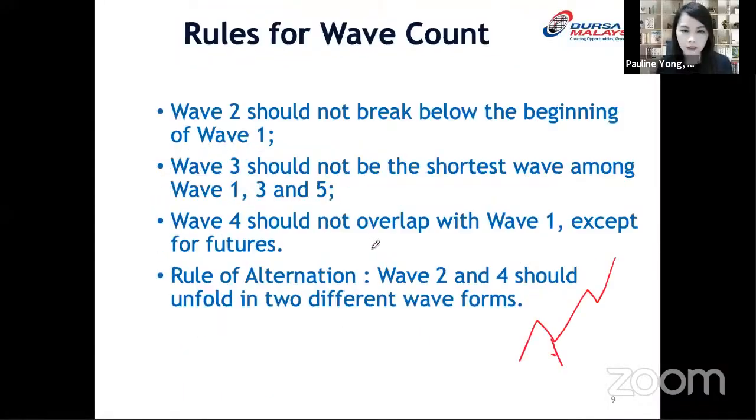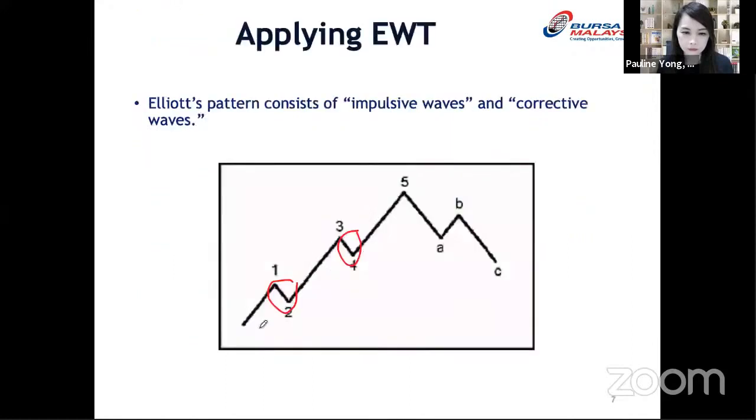Let's say you are looking at this trend here, 1, 2, 3, 4, 5, and then A, B, C. Can you type in the chat which wave you are more likely to trade? I see that I have a lot of wave 3 and 2.